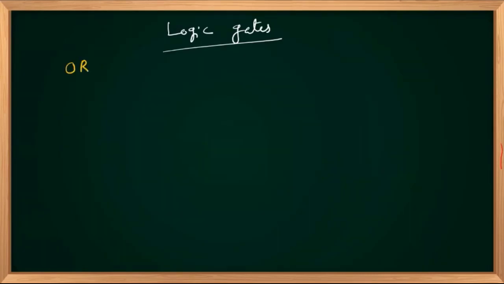Please recall the logic symbol of the OR gate. A two-input OR gate, right? Let me write A and B as inputs. Output Y is the sum of A and B: A or B.